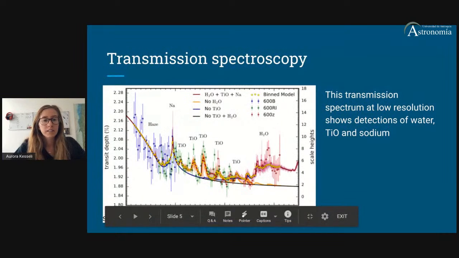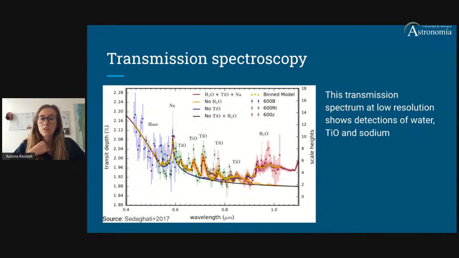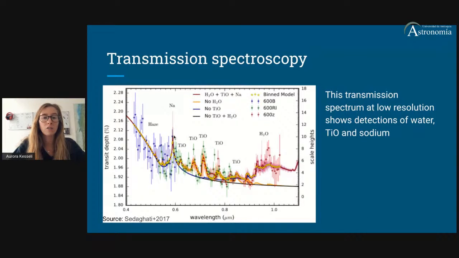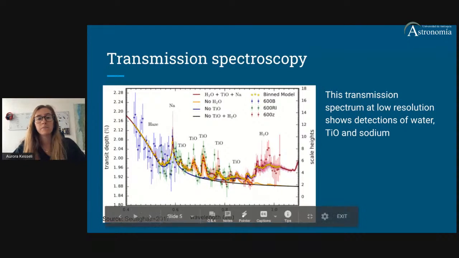Where we have a larger transit depth, that corresponds to some element or molecule being in the atmosphere. At 0.58 microns, we have a large transit depth, which means that the atmosphere is very opaque at that point, and this is because of sodium.